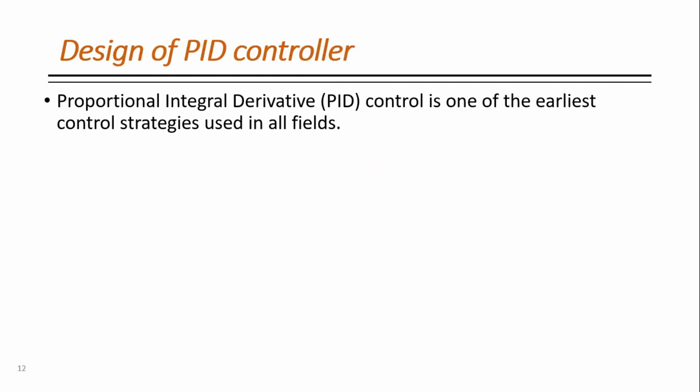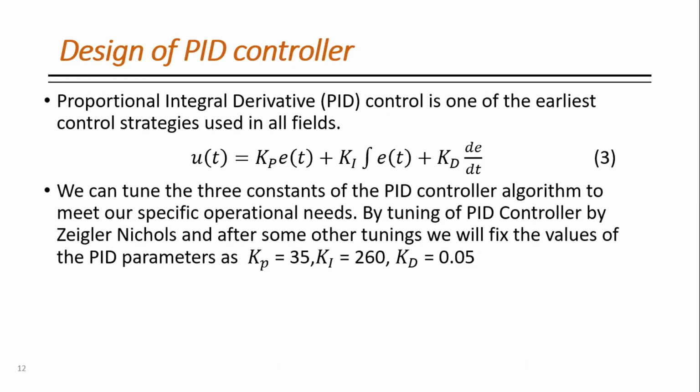Proportional integral derivative control is one of the earliest control strategies used in all fields. These equations describe the action of the PID. The weighted sum of all the gains is used to change the process via controlling. We can tune the three constants of the PID controller algorithm to meet our specific operational needs.